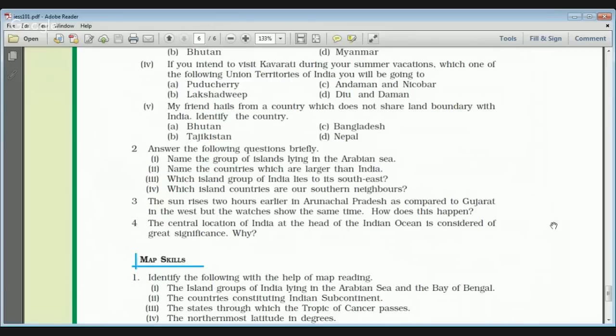Now, the central location of India at the head of the Indian Ocean is considered to be of very great significance because it connects West Asia with East Asia.